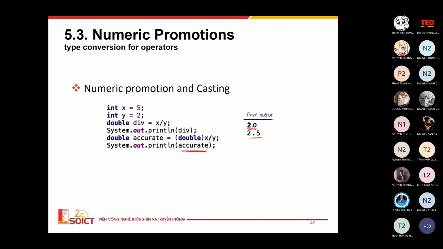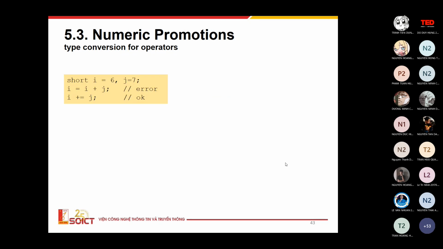Okay, thank you. And now we will go to some other example. I hope that you can explain for me what happened. Okay, let's see this one. Can you explain for me what happened here? Why here I say this error, and why here I say okay? Who can explain to me?